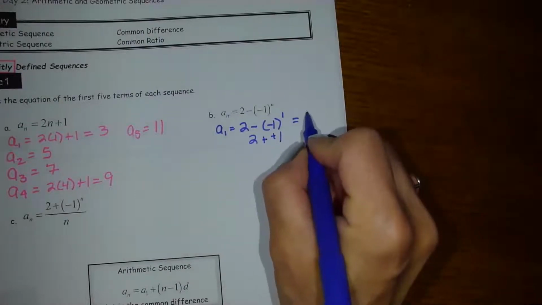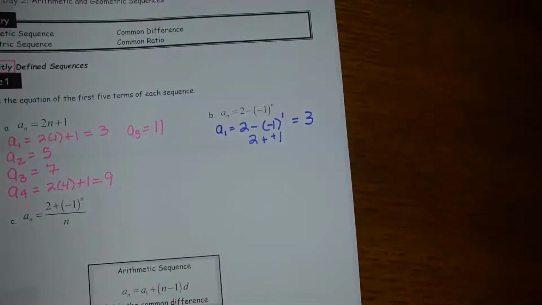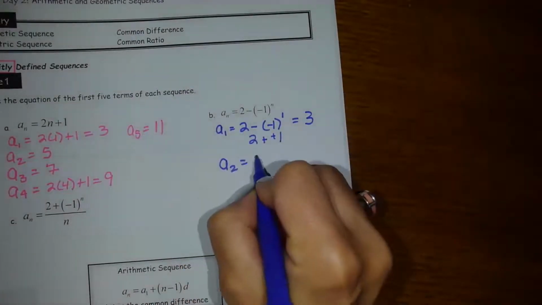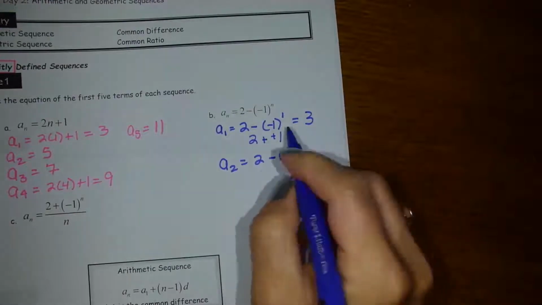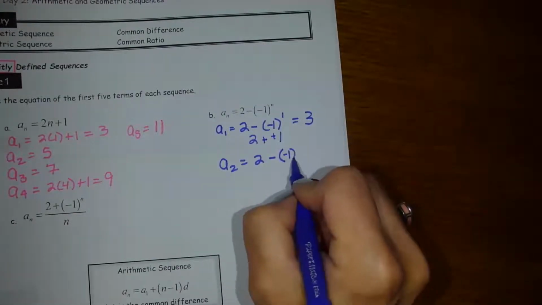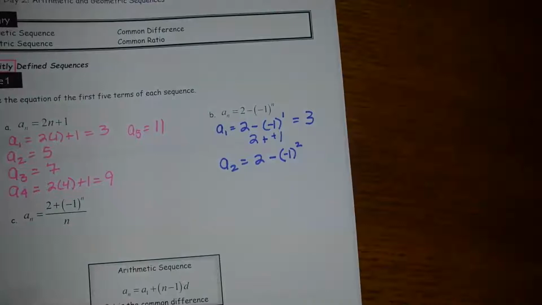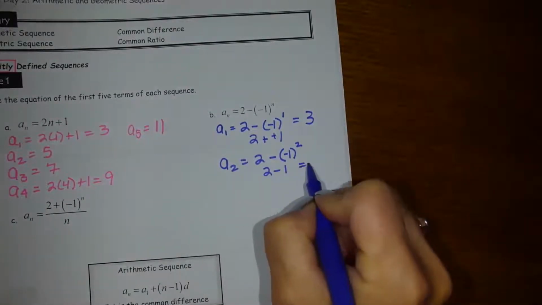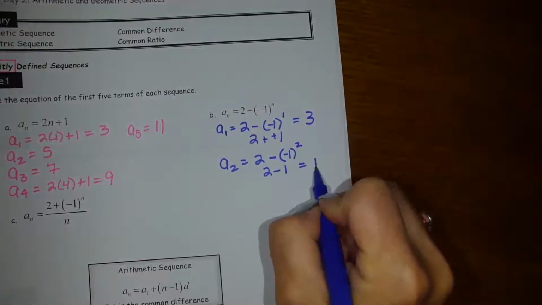So that's how big? 3, right? Now we're going to plug in a 2. So we have 2 minus. Now what's negative 1 squared? Negative 1 squared is 1. So 2 minus 1 is 1.